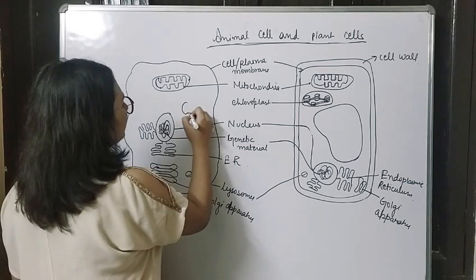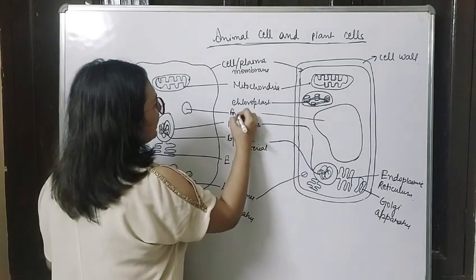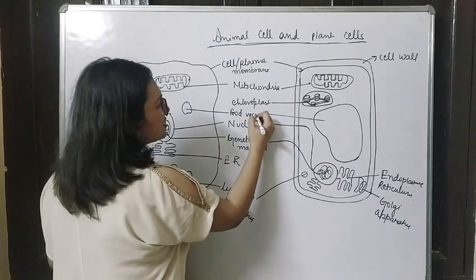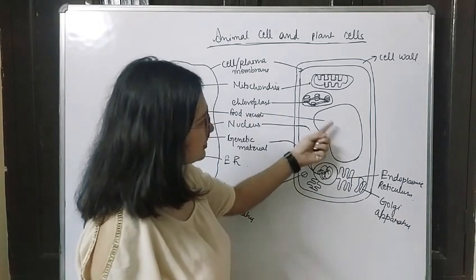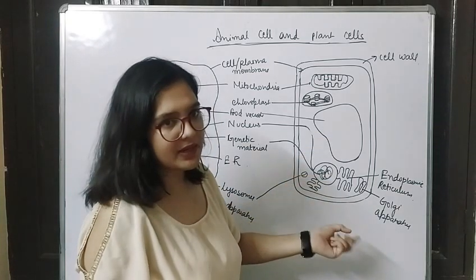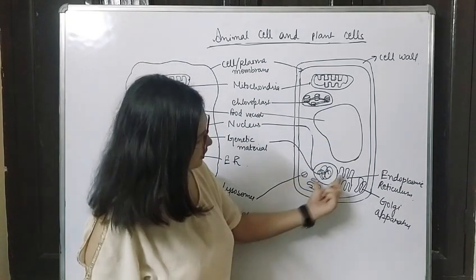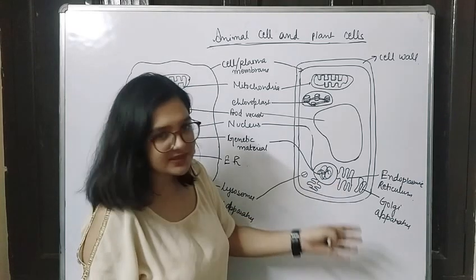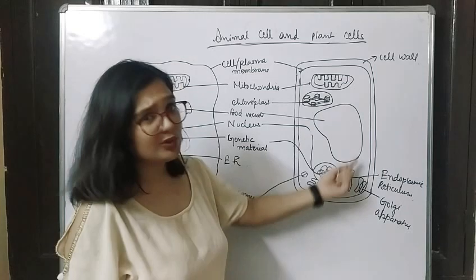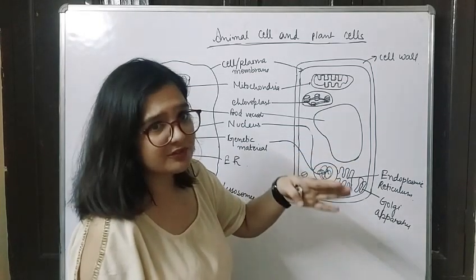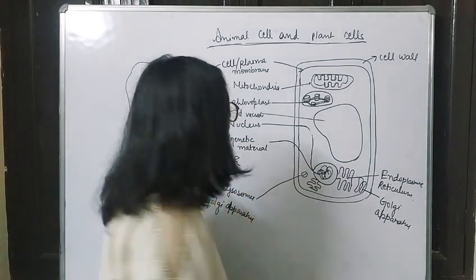And in animals, sometimes it is present and sometimes it is absent. But in plants it's always there, and it is centrally located. And this is the reason why the nucleus is displaced to one end of the cell. If you see the nucleus, its position is near to this end, it is slightly displaced. And why is it displaced? Because your vacuole is occupying the major portion of the cell. The vacuole comes in the middle, so it displaces the nucleus to the side.